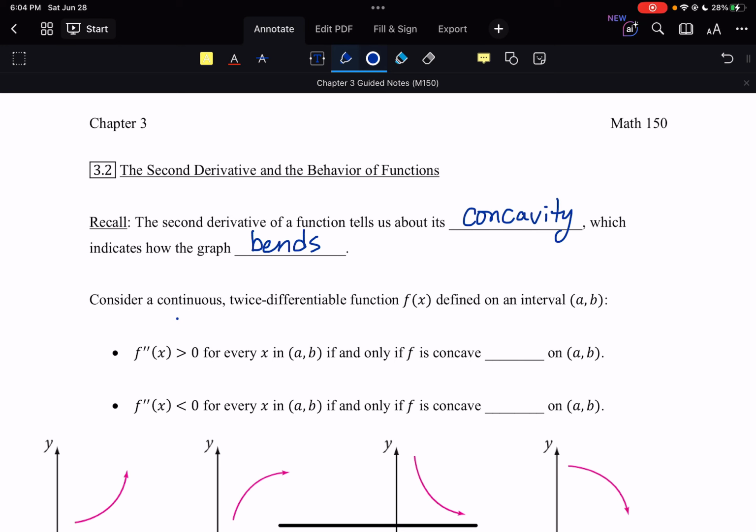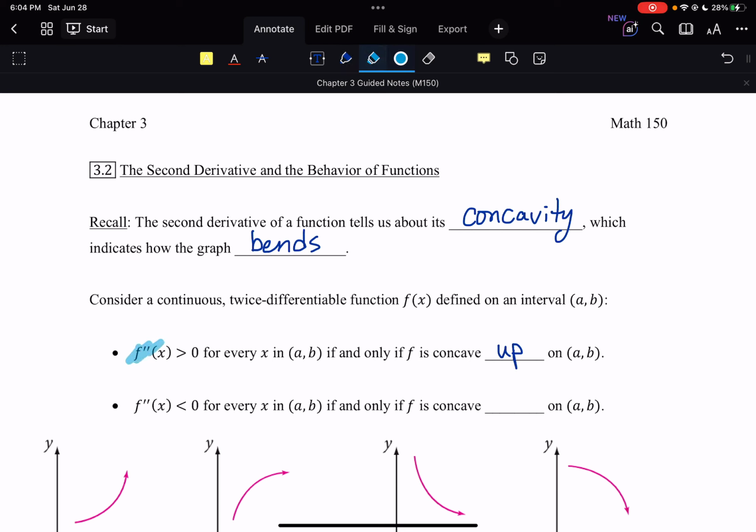So consider a continuous twice differentiable function, f of x, defined on the interval from a to b. F double prime is positive for every x in the interval (a, b) if and only if f is concave up on that interval.